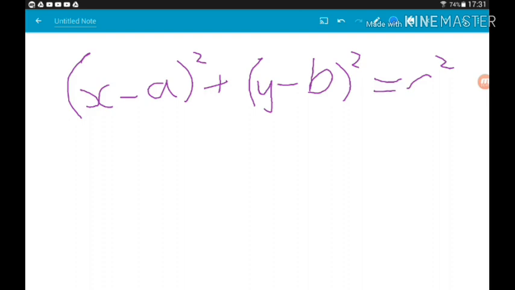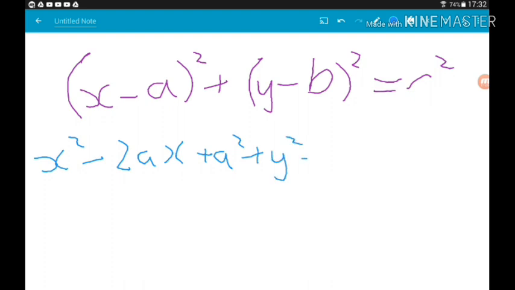So if we expand all of this out, we would get x squared minus 2ax plus a squared plus y squared minus 2by plus b squared, and then that is all equal to the radius squared.